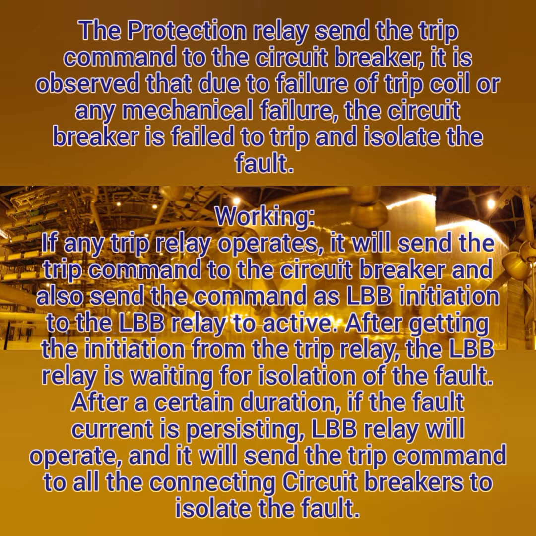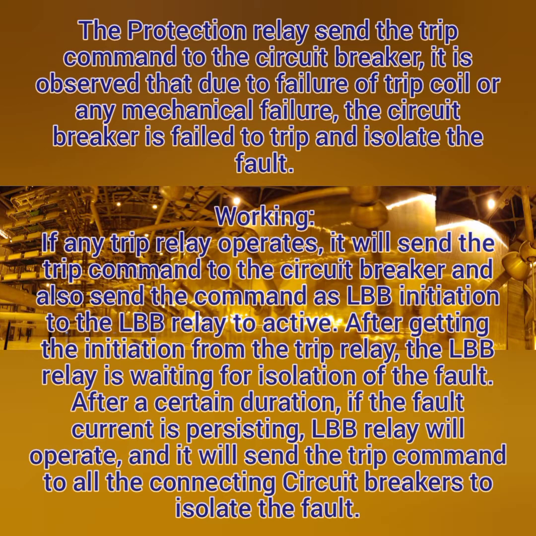The setting of your LBB relay is mainly carried by two settings. One is your current setting and the second is your time setting. For the current setting, generally we have a minimum primary current of 200 amps as the fault current to operate. Whenever a fault occurs, your breaker should open.